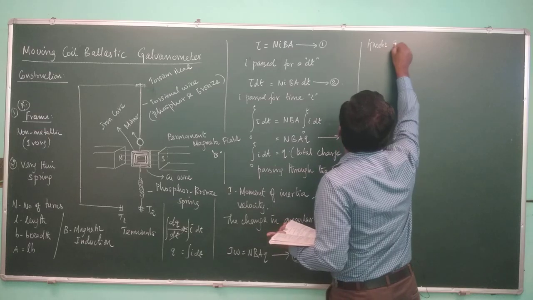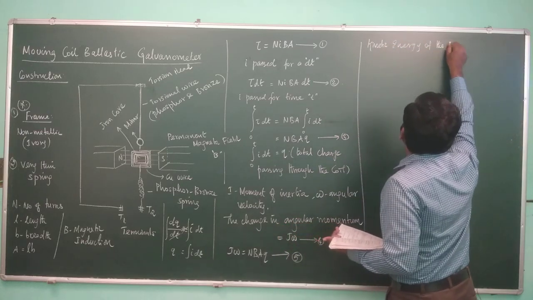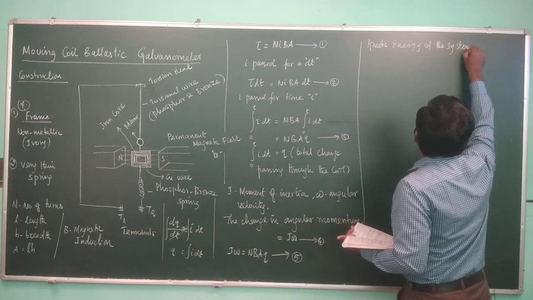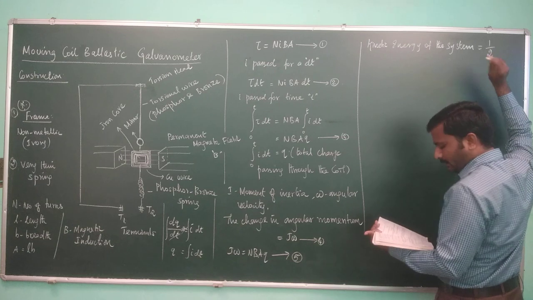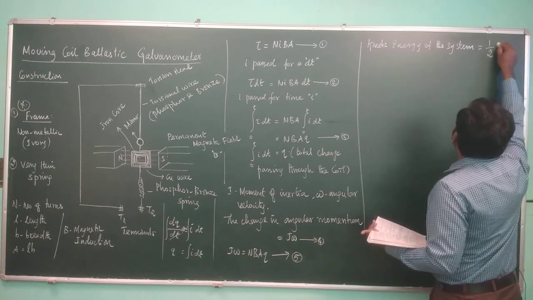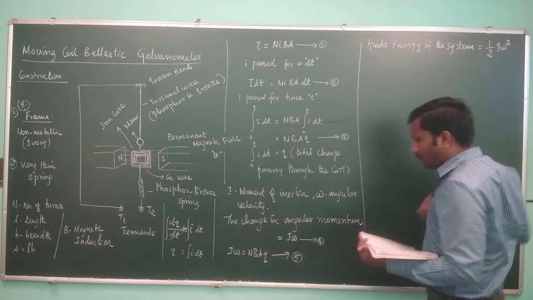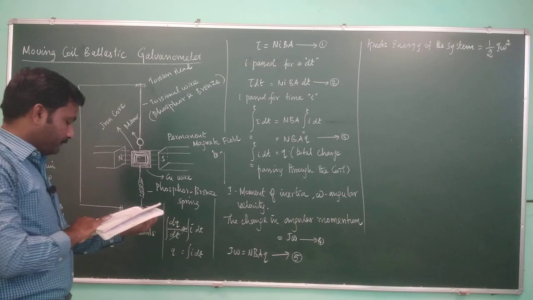So the kinetic energy of the system we can write as 1 by 2 I omega square, that is, moment of inertia multiplied by the angular velocity squared, right?